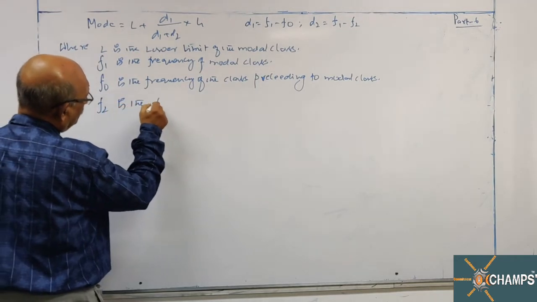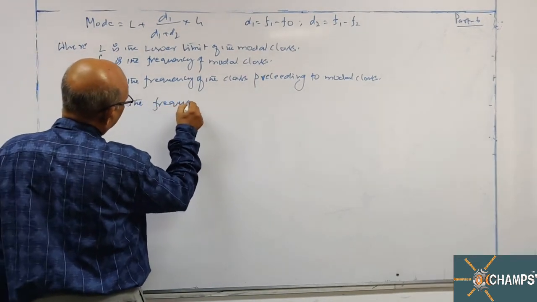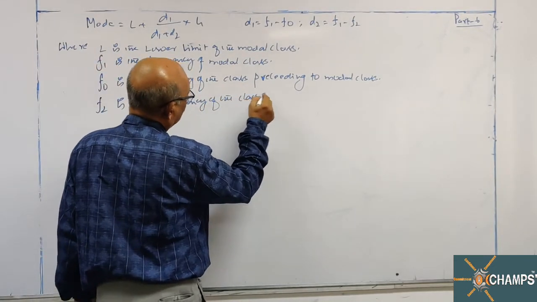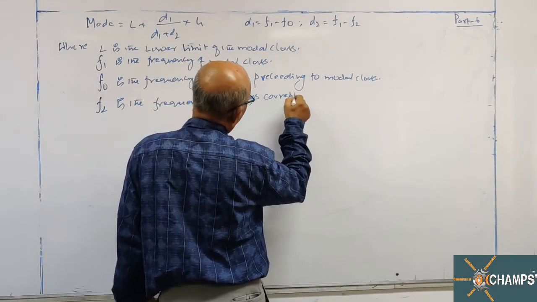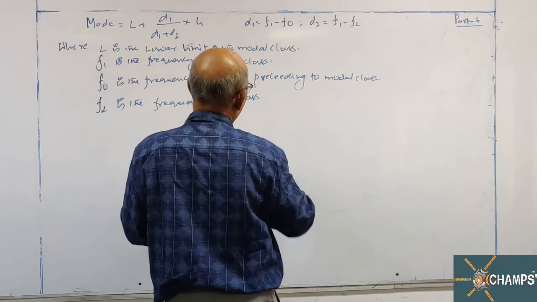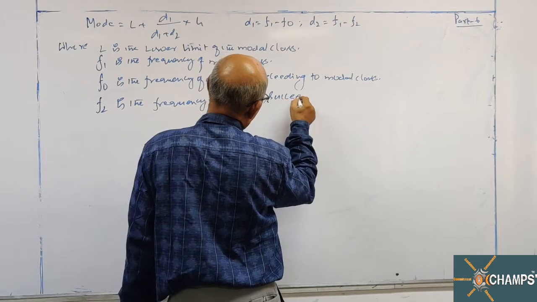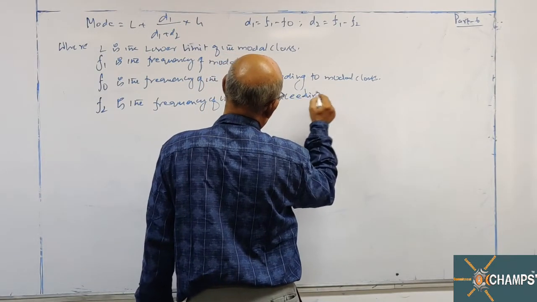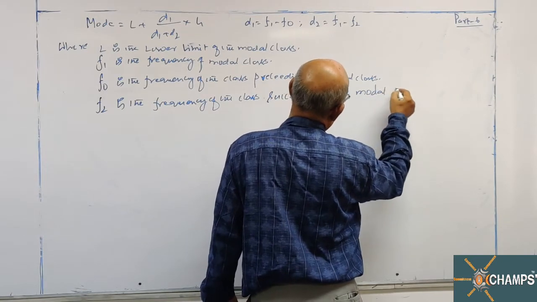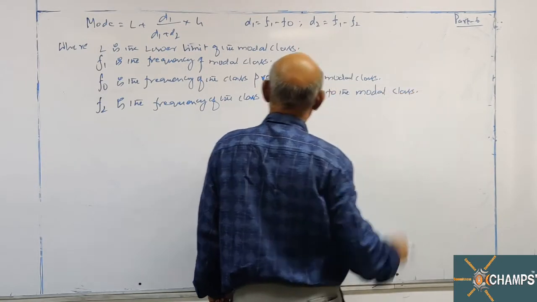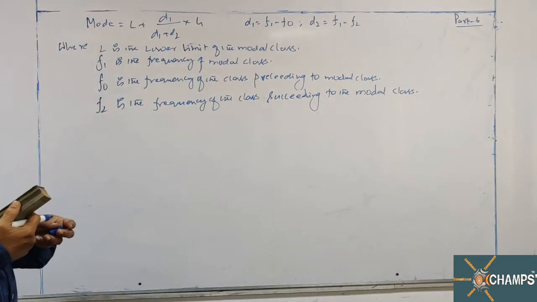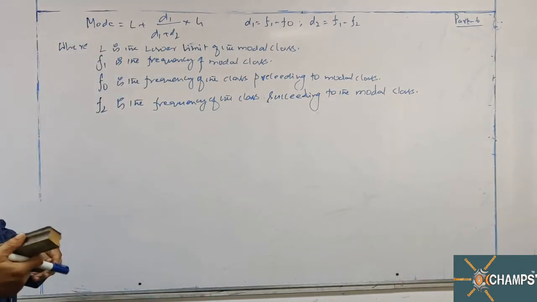F2 is the frequency of the class succeeding the modal class.